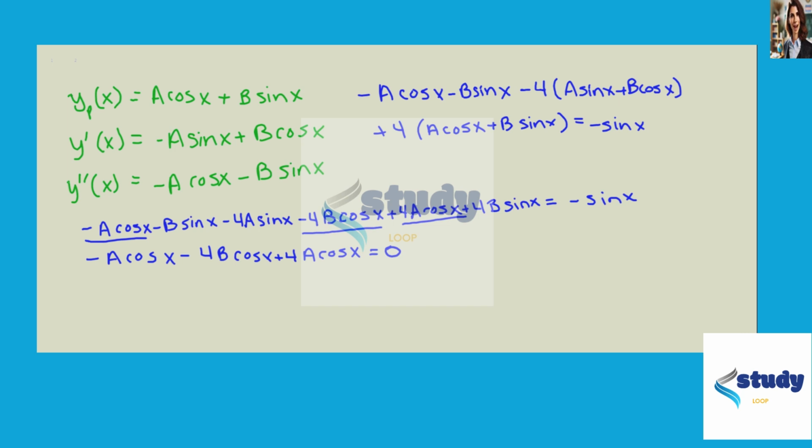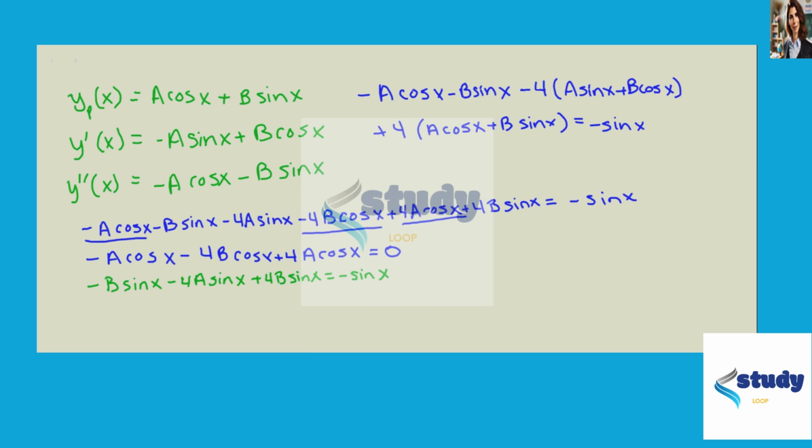And I have minus b sine of x minus 4a sine of x plus 4b sine of x equals negative sine of x.